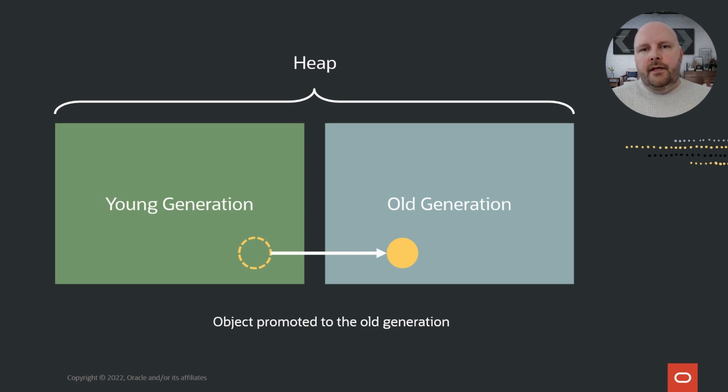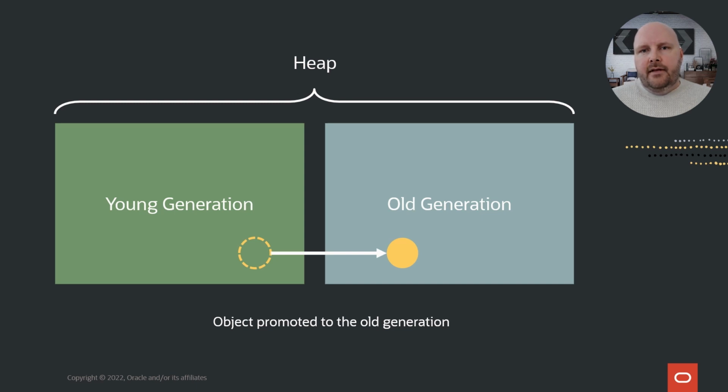So when the young generation becomes full, most of the memory in the young generation will now contain garbage. In other words, objects that have become unreachable. This in turn means that the GC can now focus most of its efforts on collecting garbage on the young generation, simply because that's where it will get the most bang for the buck.